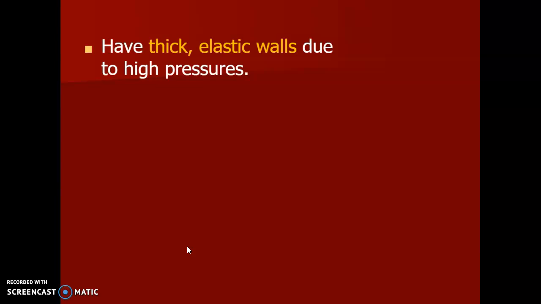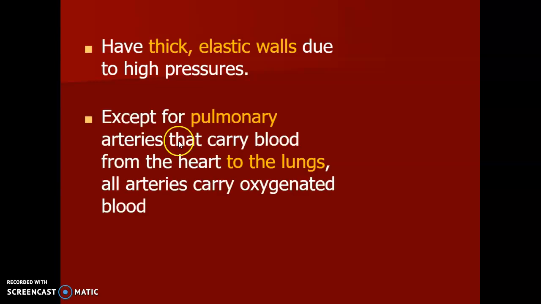Each time the heart beats, arteries expand and get a little bit bigger to deal with that pressure. Then when the heart relaxes, they go back to their normal size, and then it beats again and they expand again. So they're expanding and contracting all the time with each heartbeat and each heart relaxation in order to deal with the high pressures of the blood coming out of the heart.